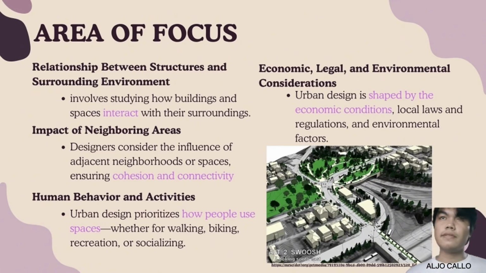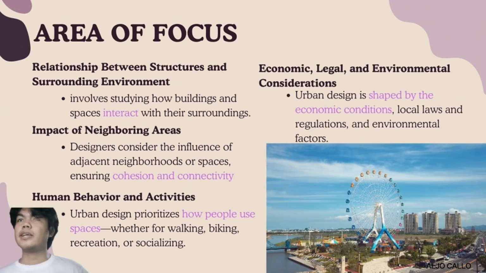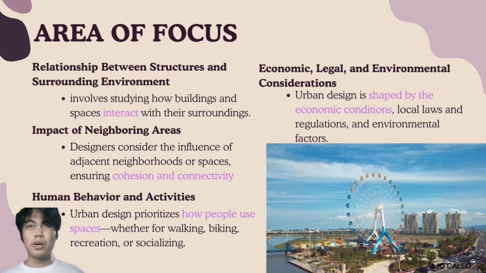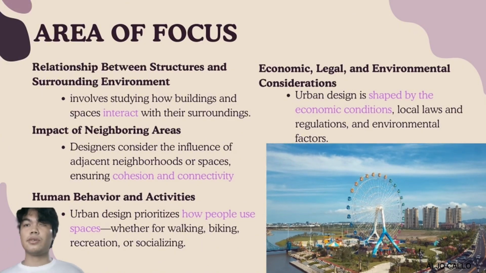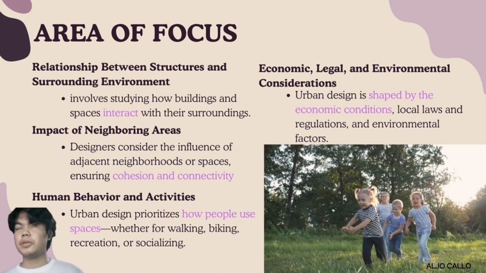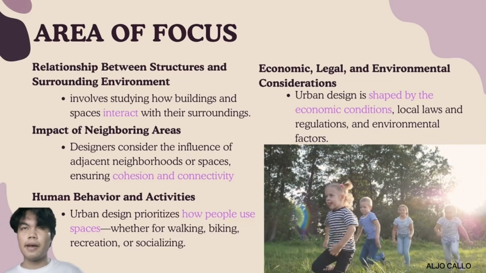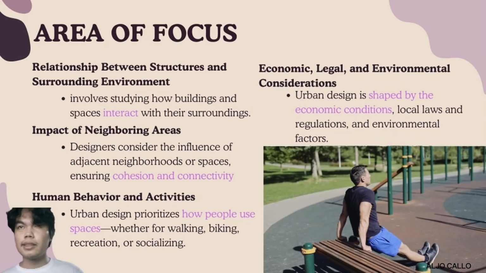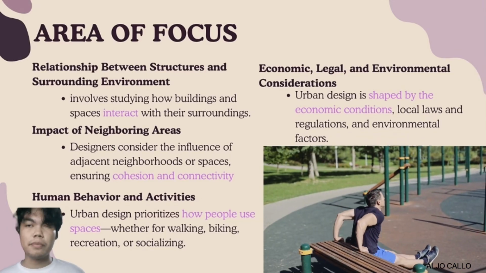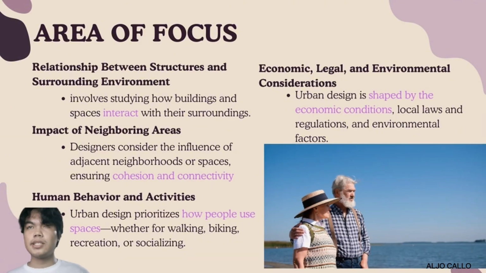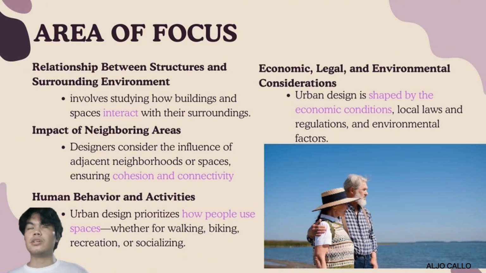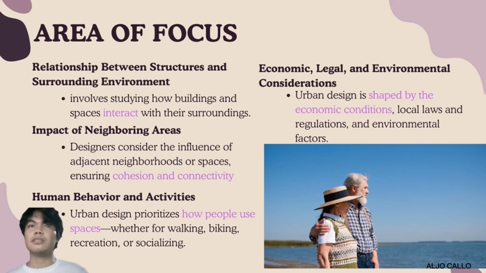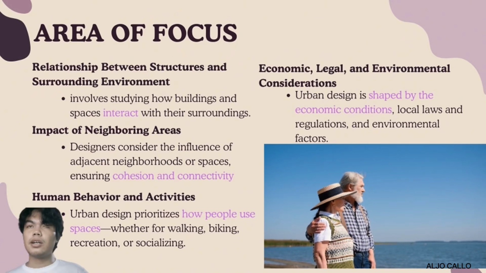Human behavior and activities. Urban design prioritizes how people use space, whether for walking, biking, recreation, or socializing. Sama sa kina-example na ako ganihan, di ba, na mag-jogging. The design should encourage healthy, sustainable lifestyle and ease of movement. Na mga tao or residents in that area, they won't feel anxious or they would feel easy about any matter na related or gina-consider sa planning.